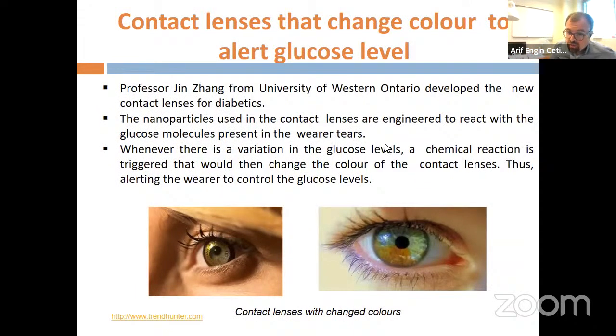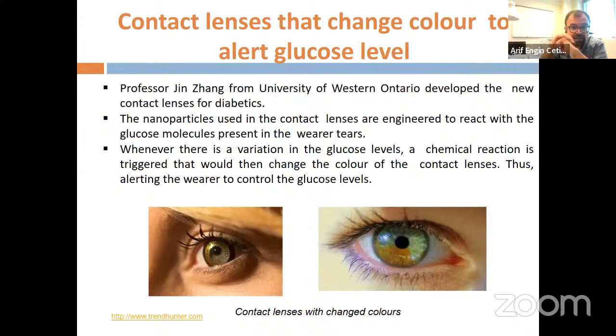There are some groups also developing smart contact lenses that monitor the glucose level. Why do we really need that? Because the best way to determine the glucose level is from the eye.